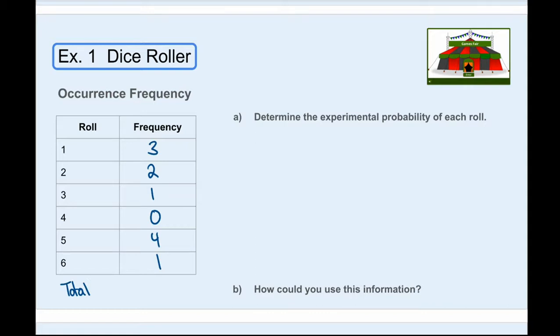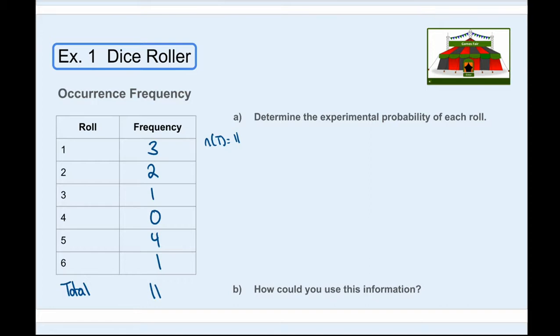So we're adding up the frequency. 3 plus 2 plus 1 is 6, 10, 11. So the total number of times that we rolled the die would be 11 times. So that's our N(T). Our N(A) all depends on what outcome we're looking at.